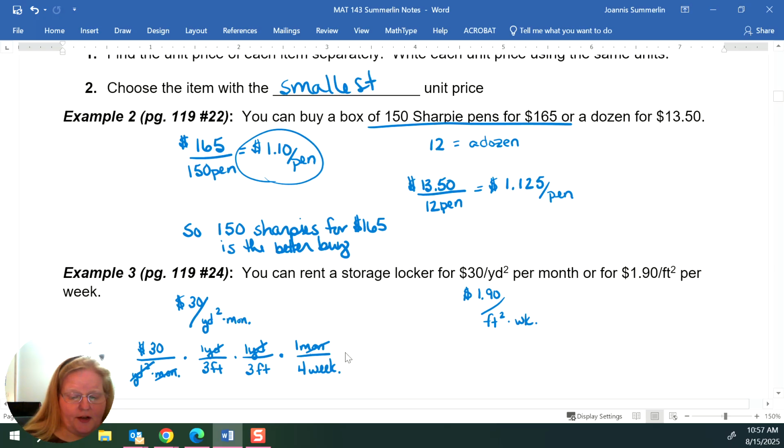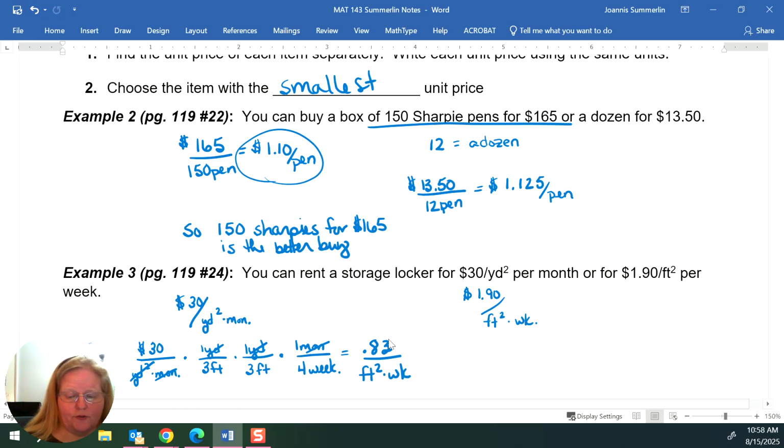So now I've got 30 on top. I can divide by 3 and divide by 3 and divide by 4. And when I do, I end up with 0.83 over feet squared per week. Now I've got feet squared per week and feet squared per week.